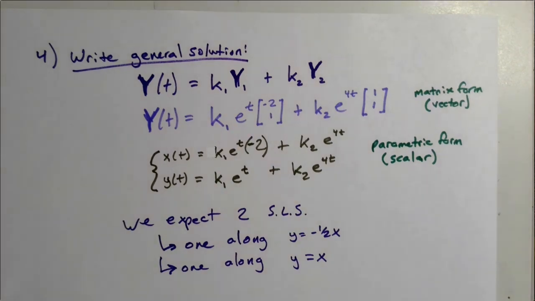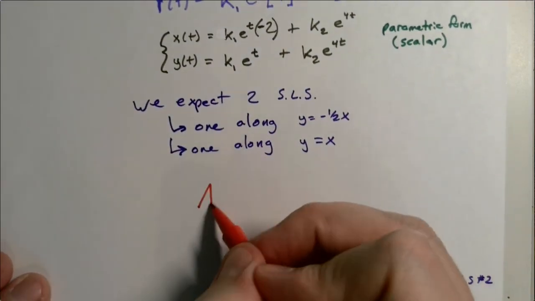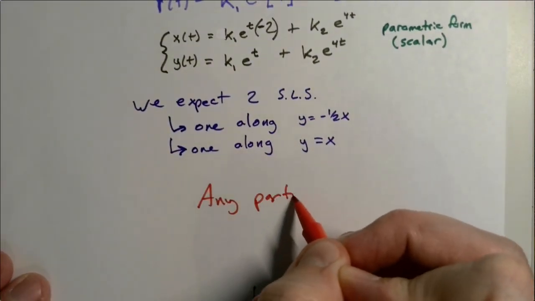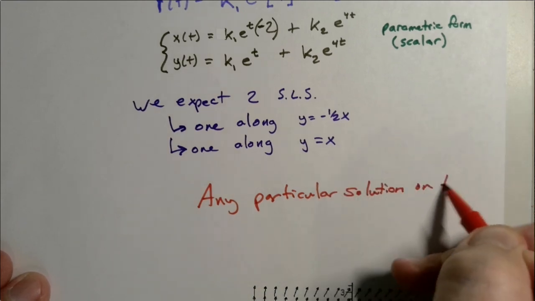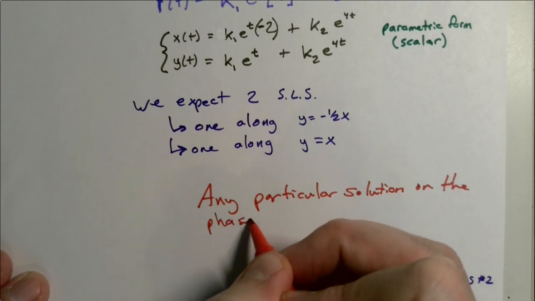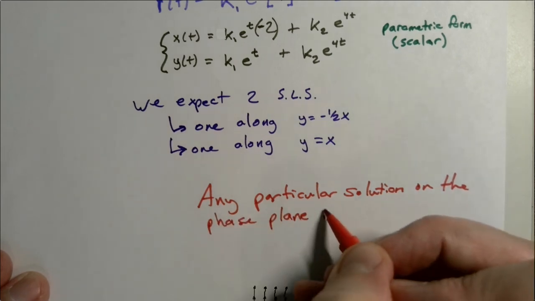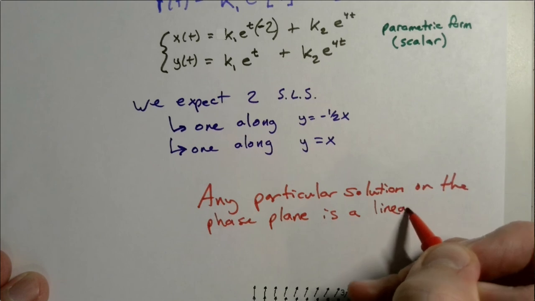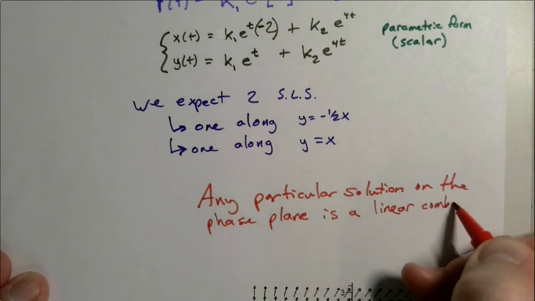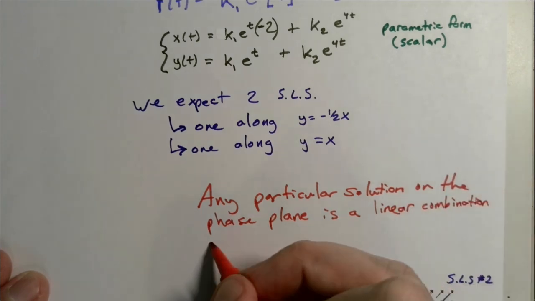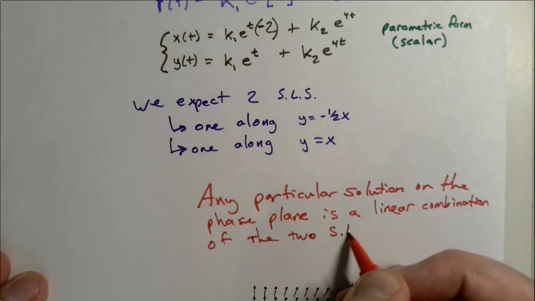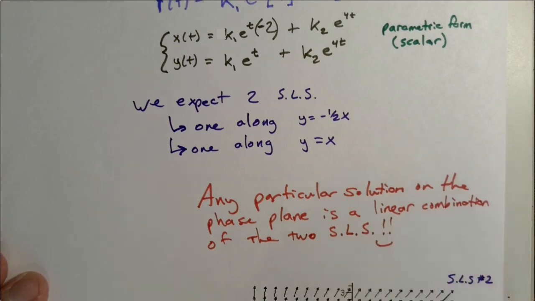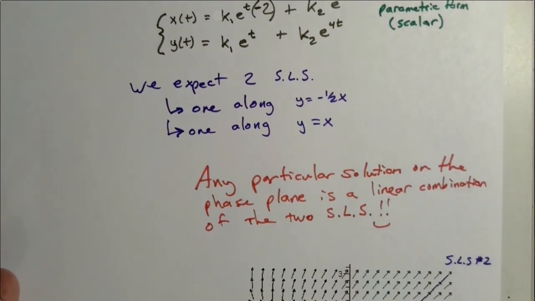We've discovered that any particular solution on the phase plane is a linear combination, that's the fancy way of saying it, of the two straight line solutions. And so that means if you can find the straight line solutions, you can find any particular solution.